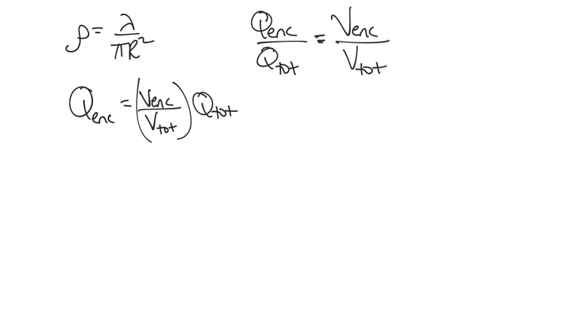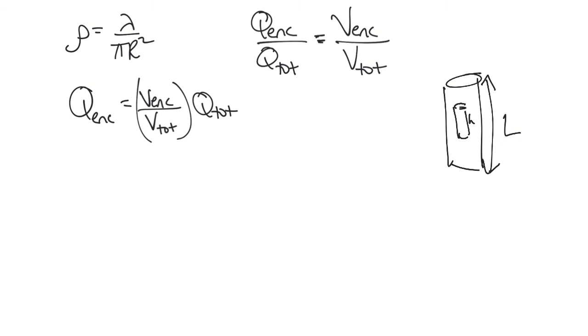So if we're thinking about, okay, we've got our cylinders, this is the full thing. If you want to call the full rod length L, and then our Gaussian surface had an h.